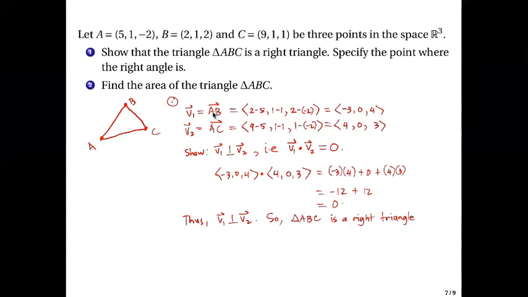That's the initial point for vector 1 and vector 2. Okay? So it's a right triangle with right angle at point A. Therefore, if we fix this drawing, it must be something like this.